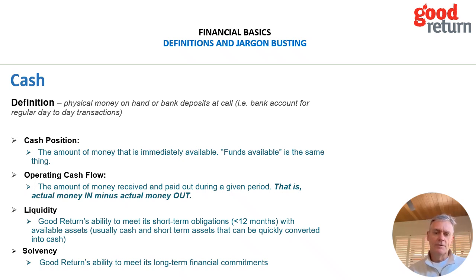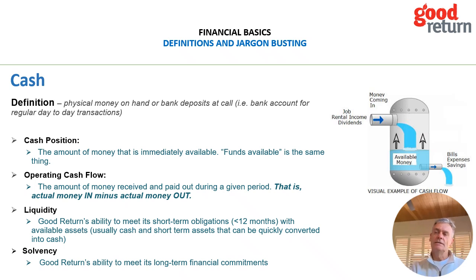So if we compare the short-term cash and other short-term assets we have available that can be turned into cash quickly, that is effectively a measure of our liquidity. And then on a longer-term basis, the solvency is the ability to maintain our cash balances above our expenses on a longer-term basis.